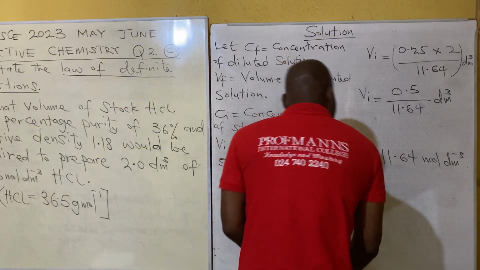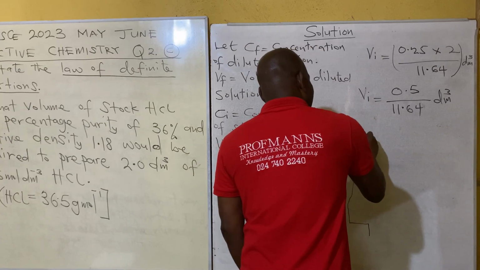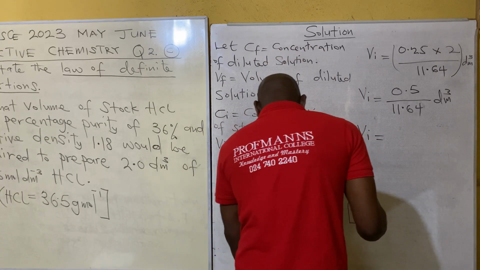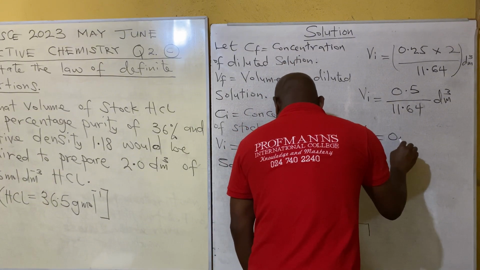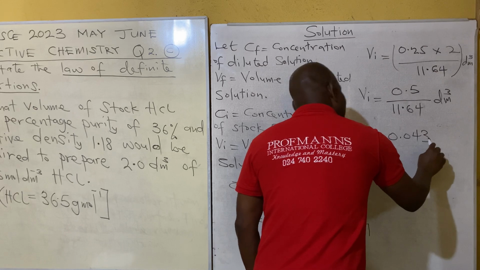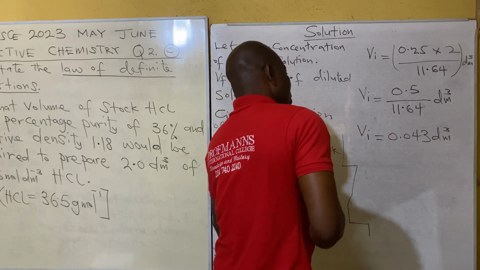When we do the division, it gives us Vi is equal to 0.043 dm cube.